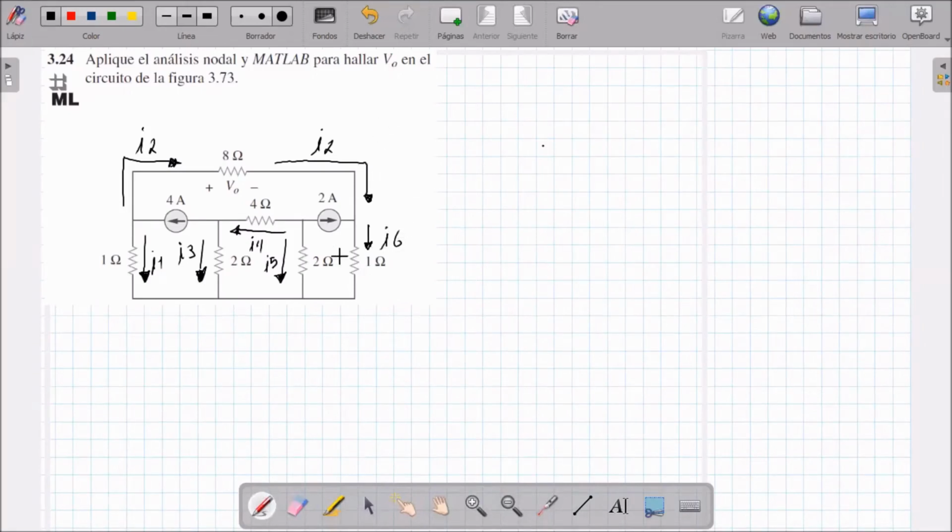Well, then, observing the direction of the currents, I am going to apply the analysis of nodes. Well, we have to name the nodes. I'm going to call it V1, V2, V3, and here V4.